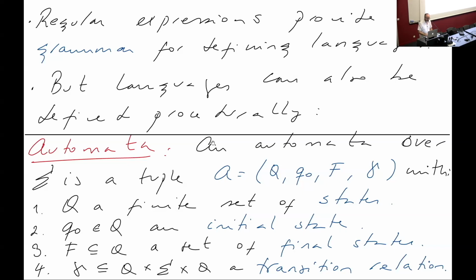So let's recall that an automaton over a finite alphabet sigma is a tuple A, which consists of a finite set of states. So it has finite memory. That's the important bit here.